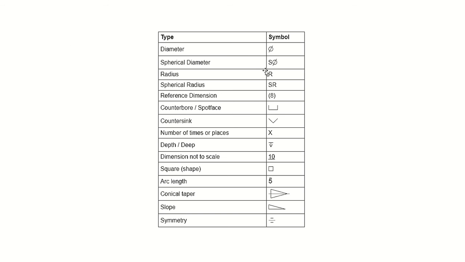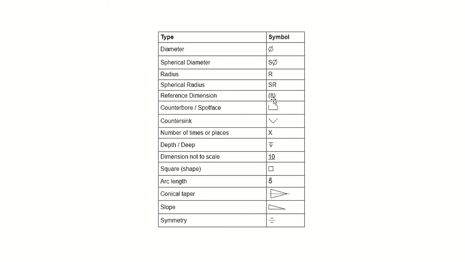Okay, here are the symbols for dimensioning. For diameter, we're going to use this symbol; spherical diameter is S and then the diameter symbol. Radius symbol; spherical radius, we go SR symbol.